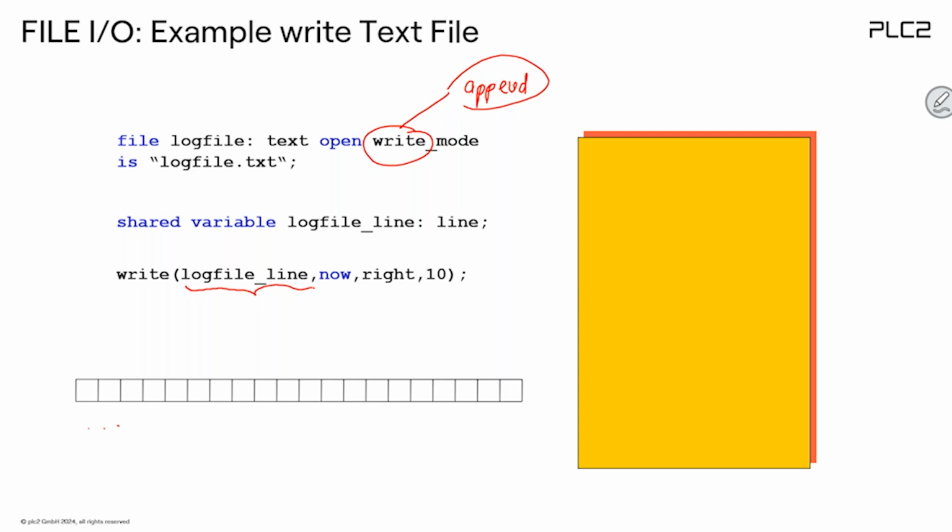So this is write as arranged in the write, and the field is 10 positions: 1, 2, 3, 4, 5, 6, 7, 8, 9, 10. So the field would be 10 characters in this case.